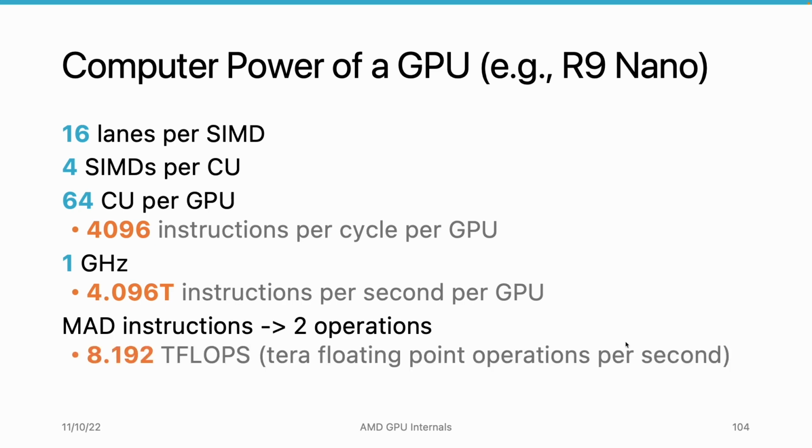That goes to 8.192 teraflops. TFLOPS stands for tera floating point operations per second. So that's the theoretical computing power of a GPU. Although it is very hard to reach this level, if you want to compare the capability of GPUs, this is probably the single most useful number to compare.